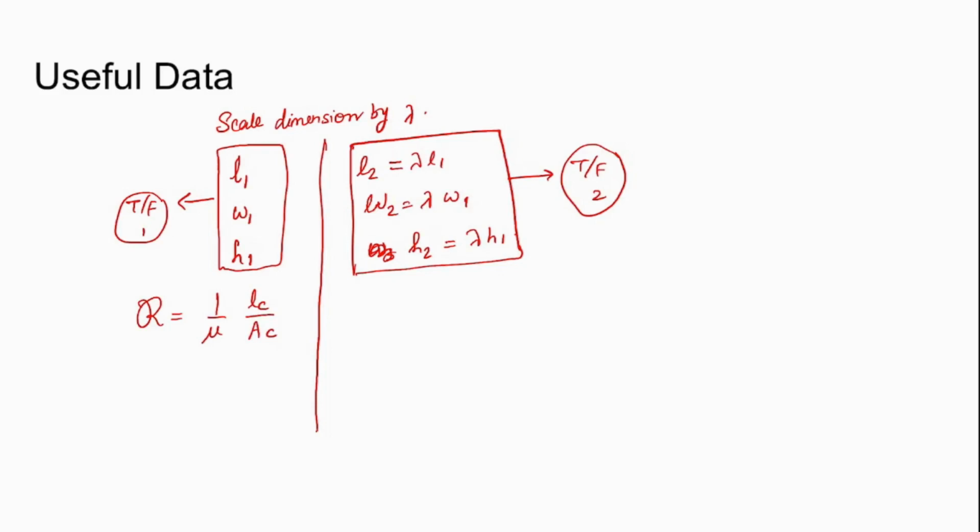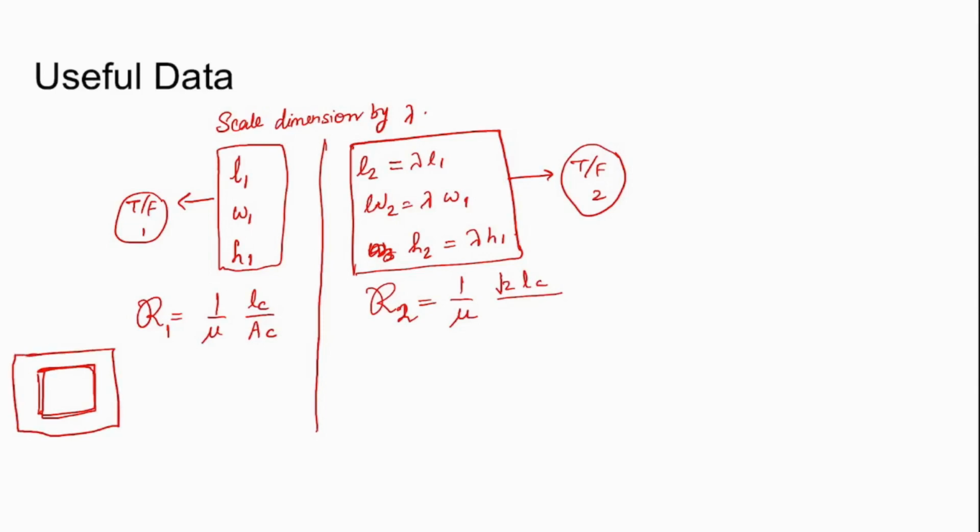So now if you scale by lambda, the length of core, that is the total perimeter of the core, if it was L previously, then in the second case R2 equals 1 by mu. Mu will be same. Now length of core will be √2 times LC, but the area is this one.